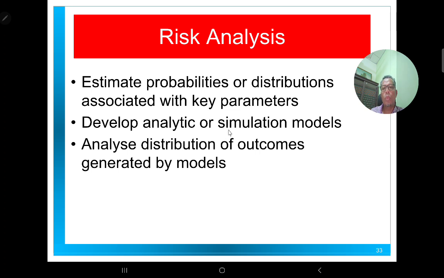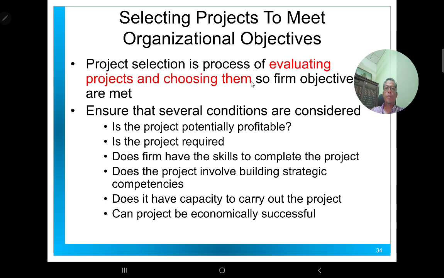There are tools you can use to simulate the project, to see whether the time duration is sufficient to implement it. And also you can do some analysis of the distribution of the outcomes generated by the model. This can be done mathematically and supported by software tools, for you to identify the effectiveness of the project implementation by looking into the risk of the project.